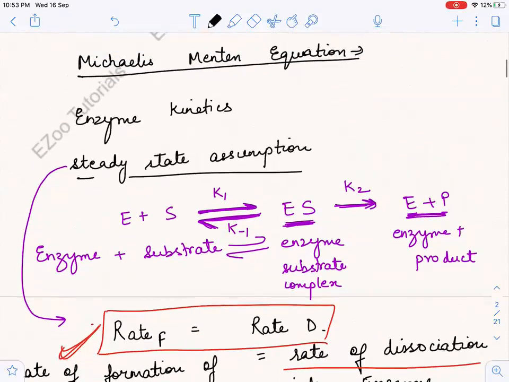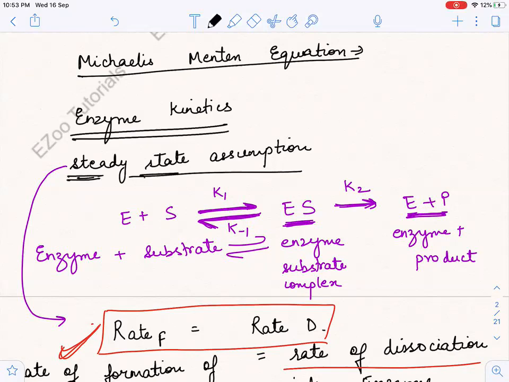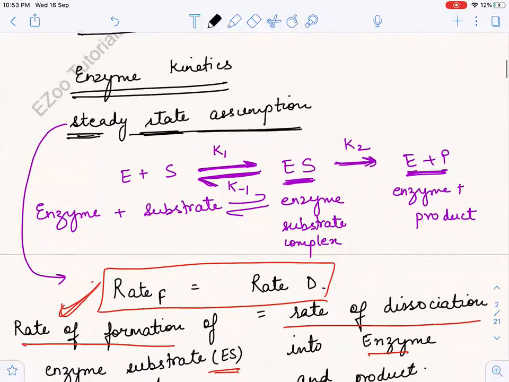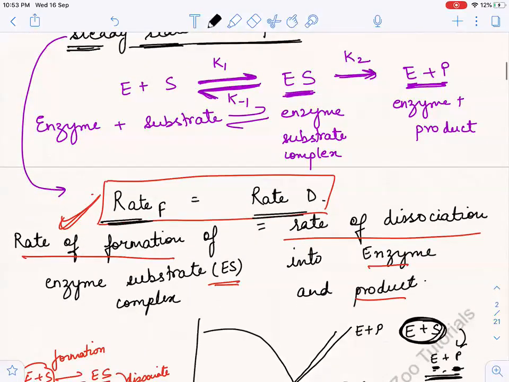So in the Michaelis-Menten equation, we studied enzyme kinetics, and we saw what the steady state assumption is. That the rate of formation is equal to the rate of dissociation. Enzyme plus substrate is equal to this rate of dissociation, because this is forming and finally this is dissociating.